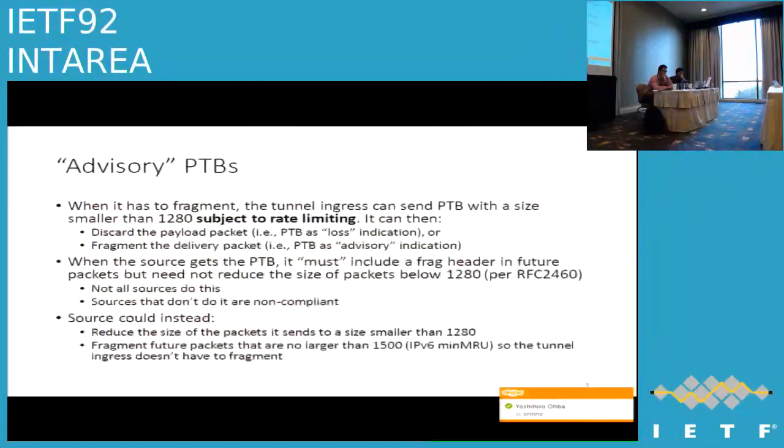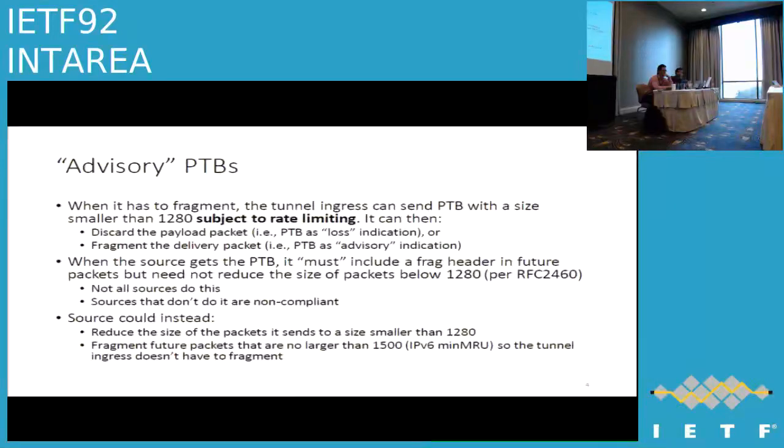Next chart. What is an advisory packet too big? When the tunnel has to fragment, it can send a packet too big with a size smaller than 1280, subject to rate limiting. It can then either discard the payload packet and treat the packet too big as a loss indication, or fragment the delivery packet and treat the packet too big message as an advisory indication. When a source gets this packet too big message listing a size smaller than 1280, the RFC says it must include a fragment header in future packets, but it need not reduce the size of the packets it sends below 1280, per RFC 2460.